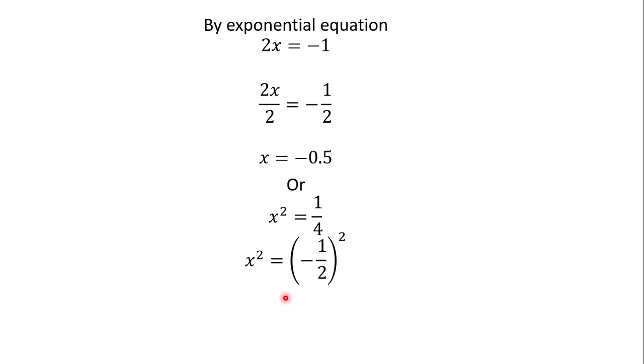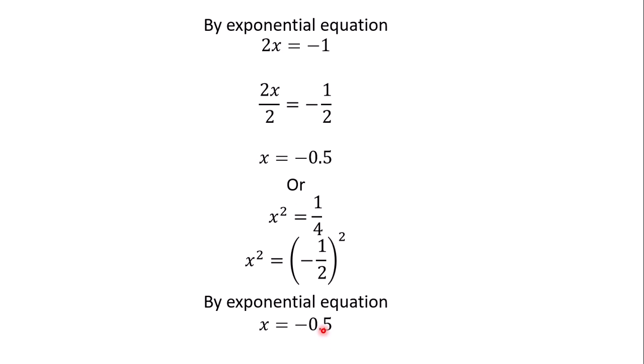So by exponential equation, x is equal to minus 0.5. The value of x from the second comparison is also minus 0.5, which means that the value of x from the original equation is minus 0.5. But let's find out if it's true.